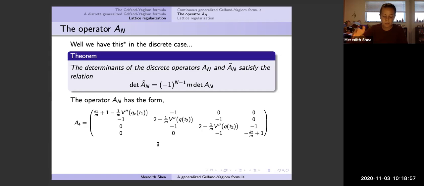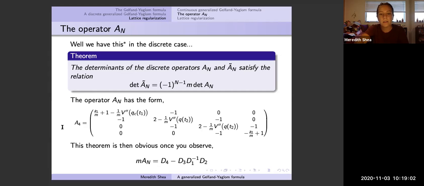And of course, this is the case where epsilon is equal to 1. The theorem's obvious once you observe that m times A_n is equal to this tridiagonal matrix we had previously for A tilde_n. And once you have that, it's obvious.